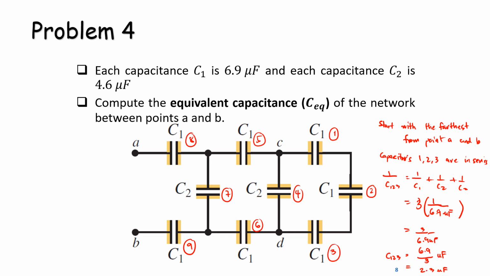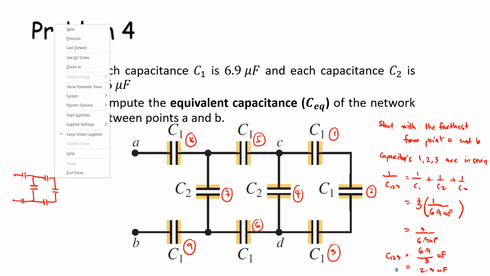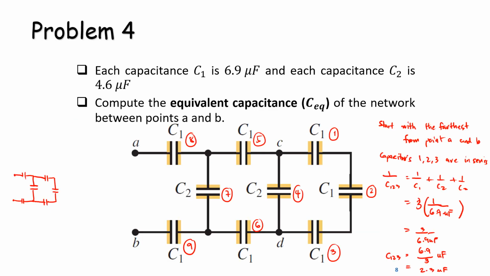If we draw that one, this is point A, point B, you have capacitor 9 and 8 here, capacitor 7, this one, capacitor 5, capacitor 6, and then you have capacitor 4. Now, the 3 capacitors will be replaced with a single capacitor that has a capacitance equal to C123.